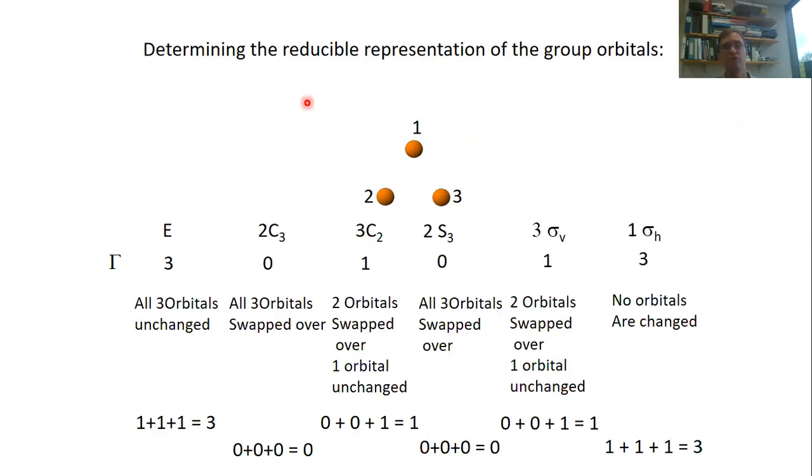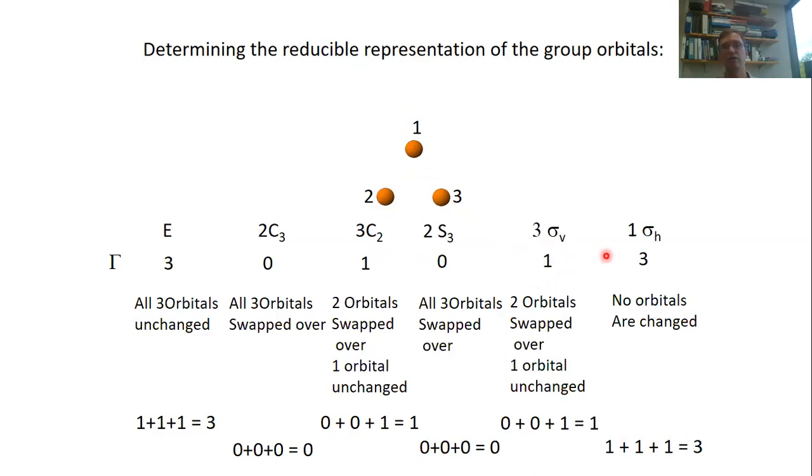When we carry out the symmetry operation, orbitals 2 and 3, for instance, get swapped, while orbital 1 remains in its position. So again, one orbital gets the character 1, and the other two get the character 0. That sums up to 1 plus 0 plus 0, which gives 1.